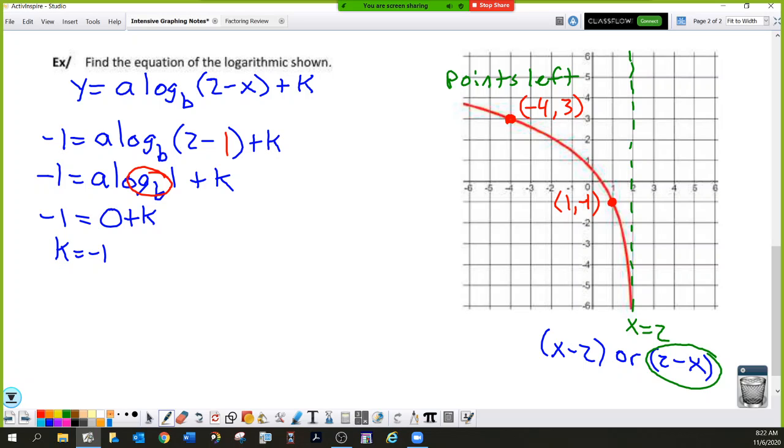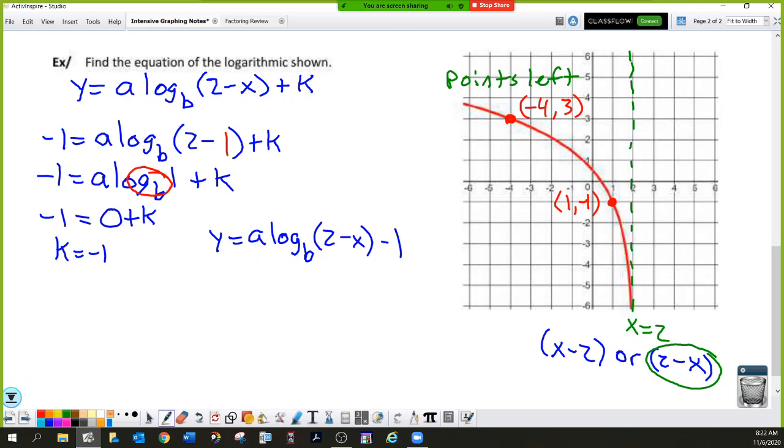So again, I'm going to write what I know about the equation so far. I know that I have y equals a log base b of 2 minus x minus 1. So you're looking at this and you're going, I don't know, Mr. M. You still have 2 unknowns, and you only have 1 more coordinate to work with. I know.